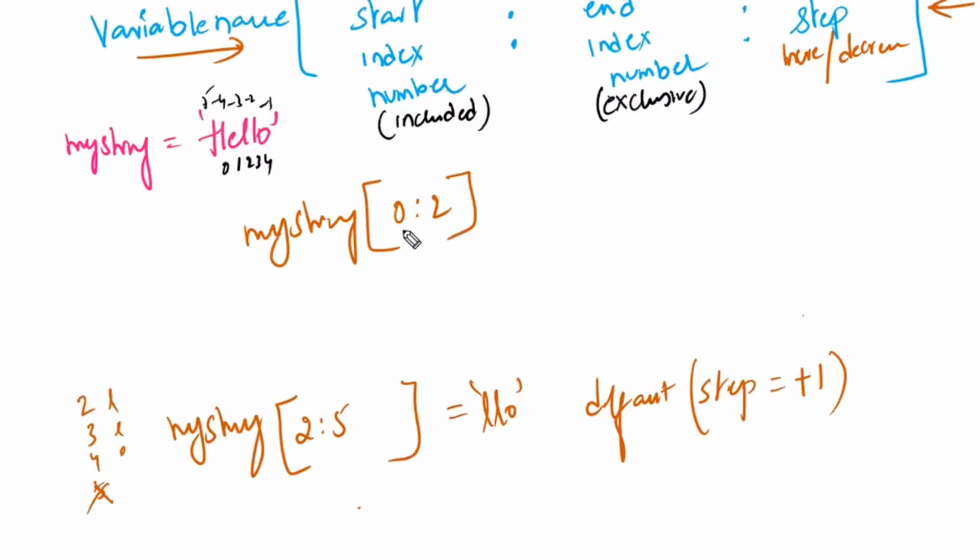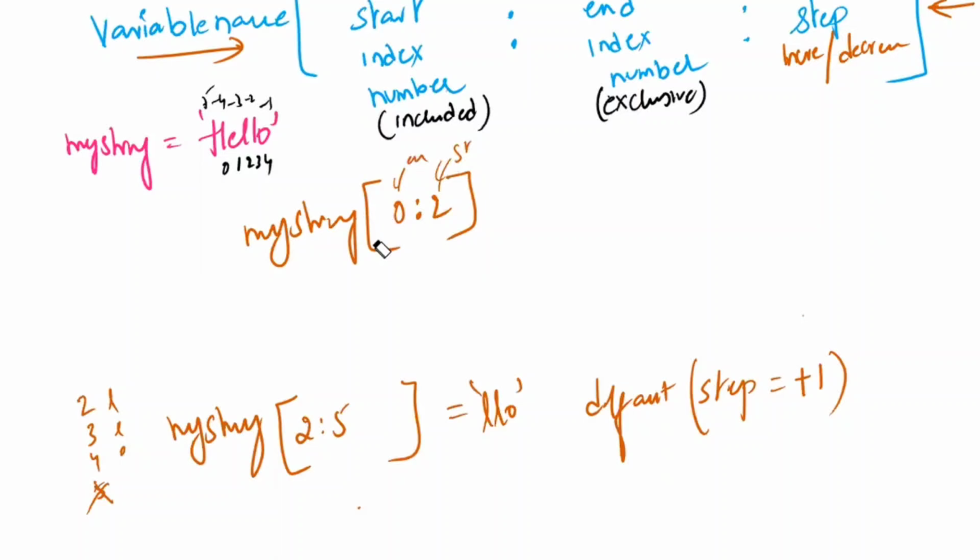It will not understand. If you write only one colon, automatically the first one will be considered as start and the second one as end. So what I have to do? Add one more colon and don't write anything. Then only it will understand.